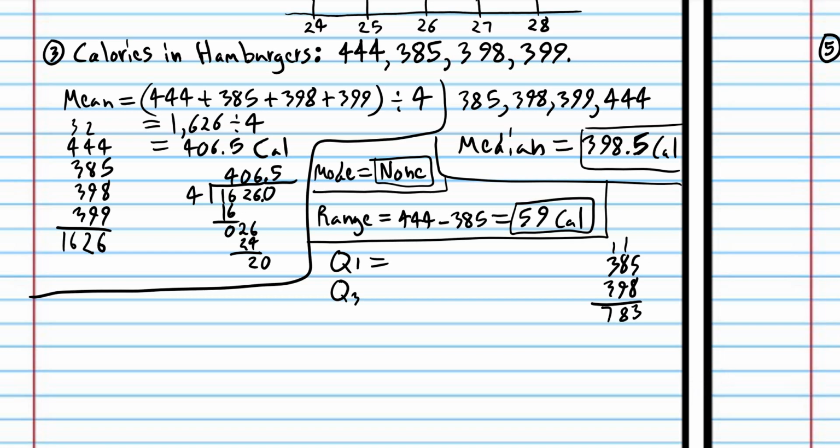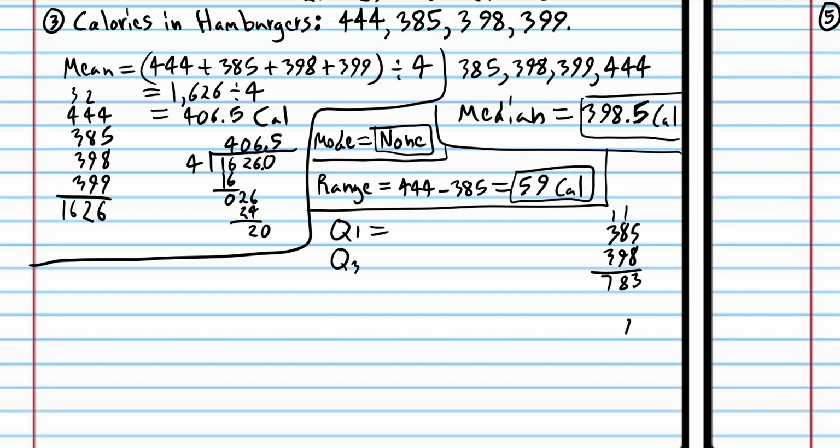So 783. Then you take that number, 783, and divide by 2. Bring the decimal straight up and you get 391.5.